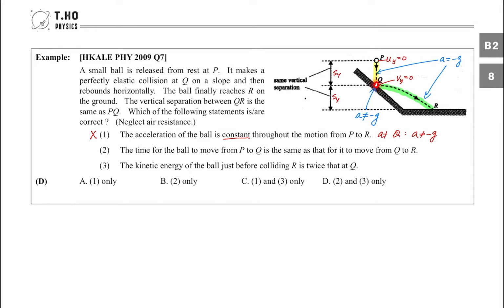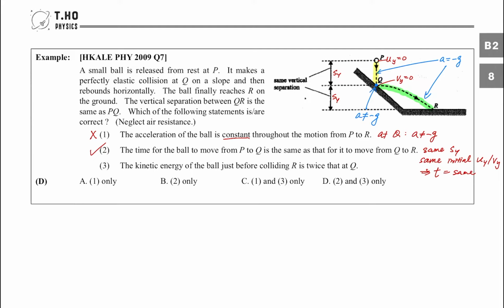And also we note that Q is an equal distance from P and from the ground level. So they have the same sy, the same vertical displacement, and the same initial Uy. Therefore, the time of flight is the same. So this statement is correct.